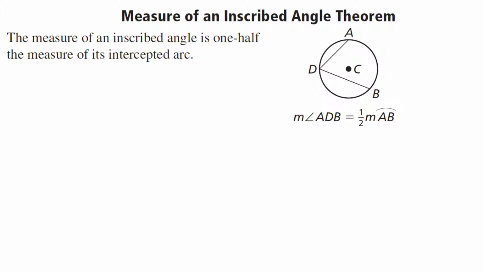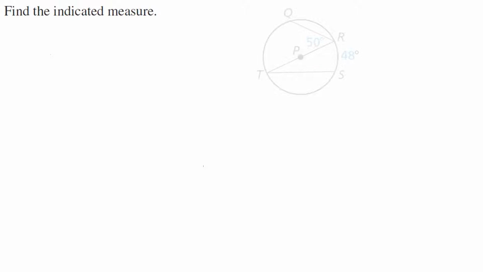The measurement of the angle is only half of the measurement of the arc. So central angle, measurement of the angle was equal to the measurement of the arc. But inscribed angle, where the angle is actually on the circle, the measure of the angle is only half the measure of the arc. Getting tongue-tied again.